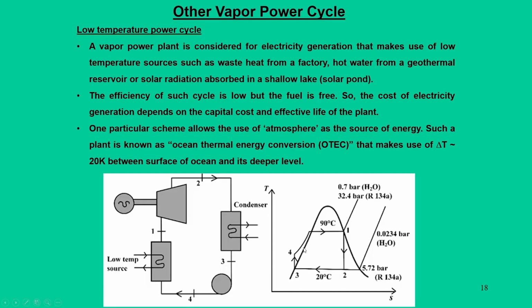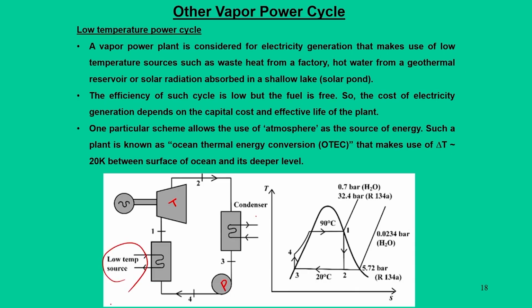Then there is another concept called low temperature power cycles. Normally, low temperature power cycles use different waste energies and renewable energies, and similarly involve a turbine, condenser, pump, and a low temperature source.